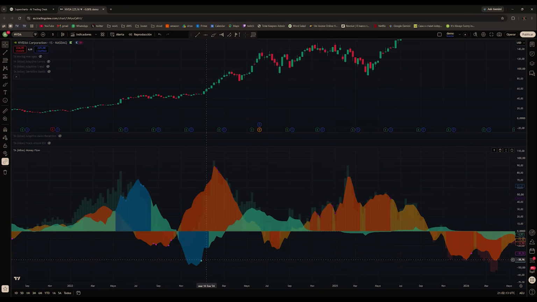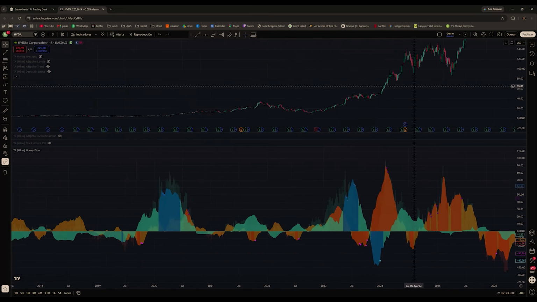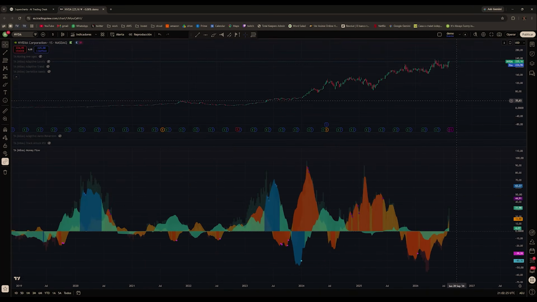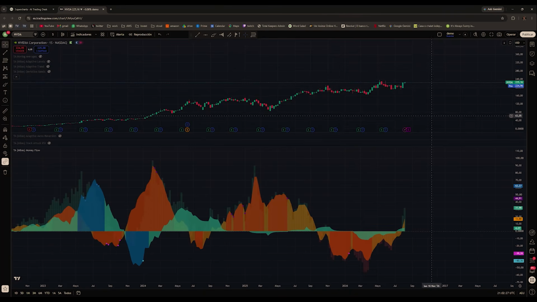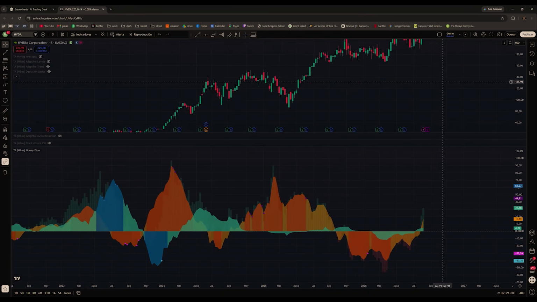So you don't necessarily want to look at the size of the waves, but at the slope of the waves. If you look at the slopes, that's where you can start to get some behavior information. If we look at the most recent price action, the behavior is relatively consistent. They stop selling. That's when you start to get some move.